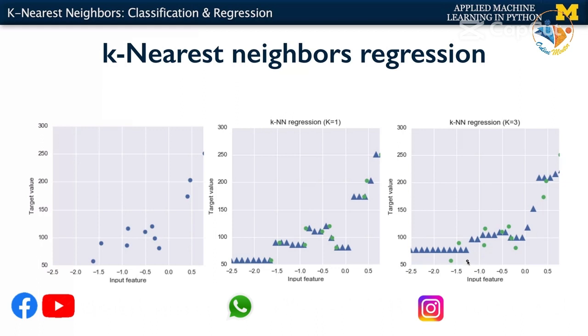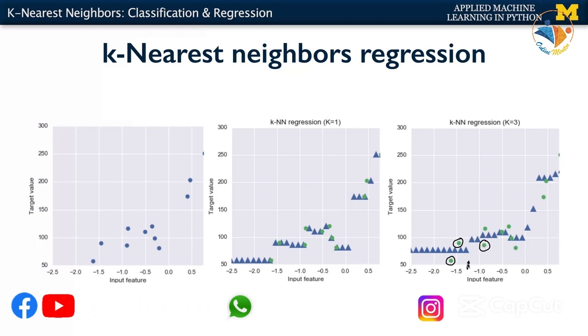let's take this example here of negative 1.25, let's say. Well, what are the 3 training points that have x values closest to negative 1.25? They would be this training point, that training point, and this training point. Now, with regression, what we do is instead of taking a majority vote, we don't have class values here as targets, we have continuous values. So we can average these 3 target values.